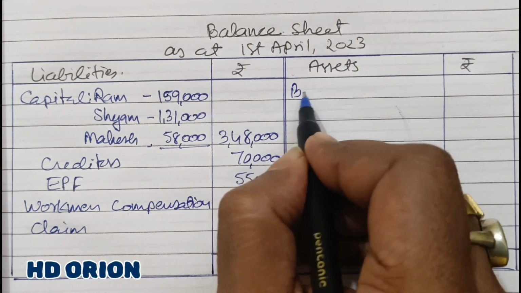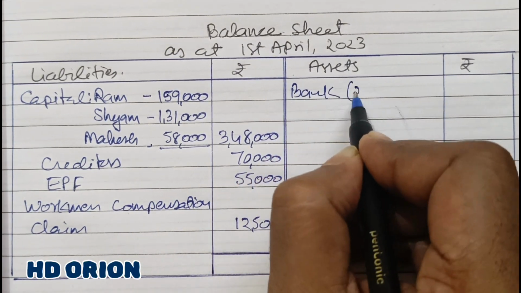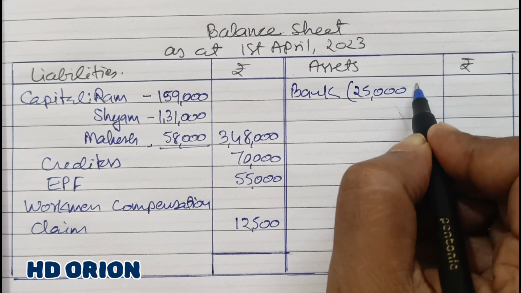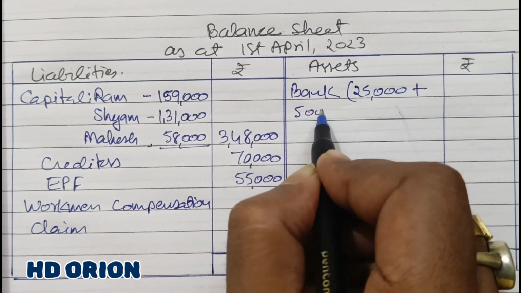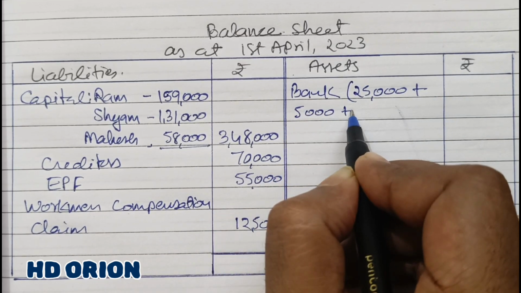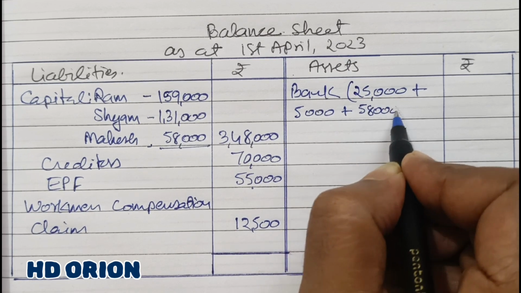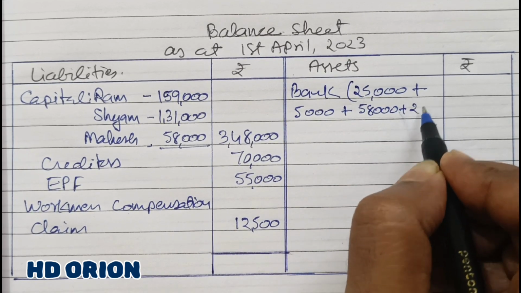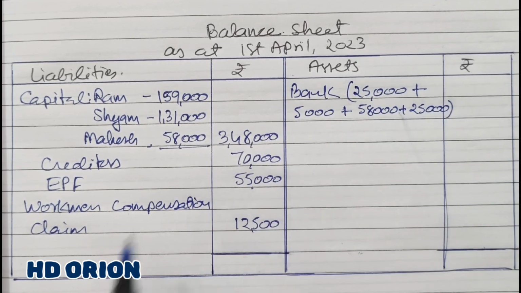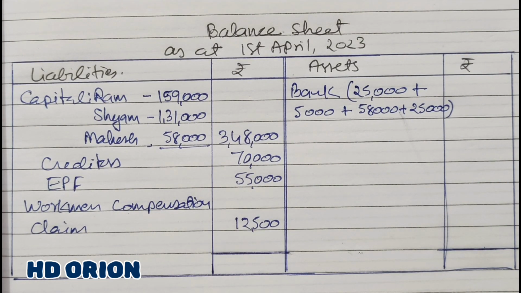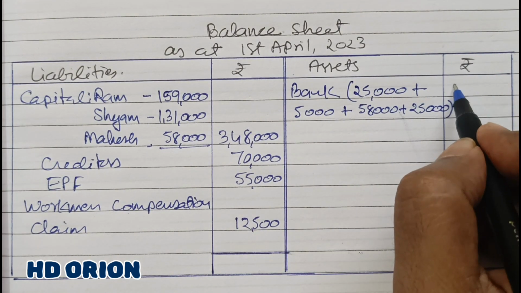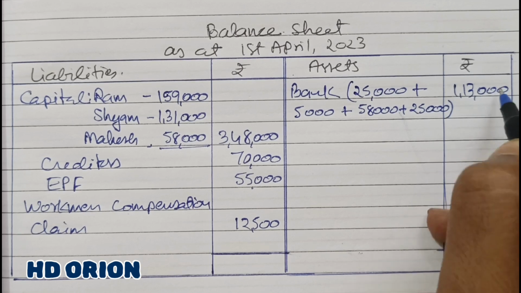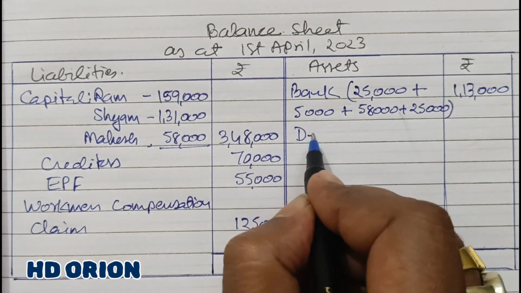Then in the bank, we were having an opening balance of rupees 25,000, and bad debts recovered are of rupees 5,000. Then 58,000 is the capital brought in by the new partner, and 25,000 is the premium for goodwill brought by the new partner. So adding all this is 1,13,000. Debtors same.